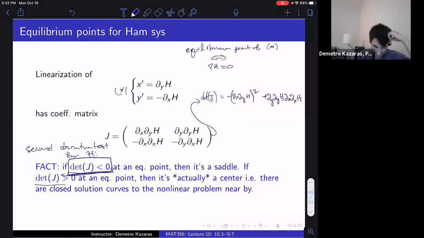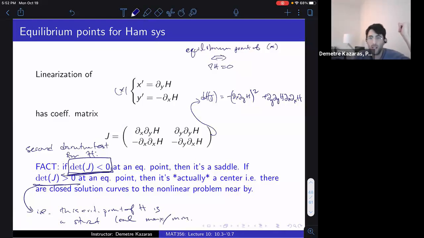So when the determinant is positive, this critical point of h is a strict local maximum or minimum, depending on the sign of one of the second derivatives. That's not so important. But the point is, when the determinant of the Hessian of h is positive at a critical point, you have a strict local maximum or minimum.